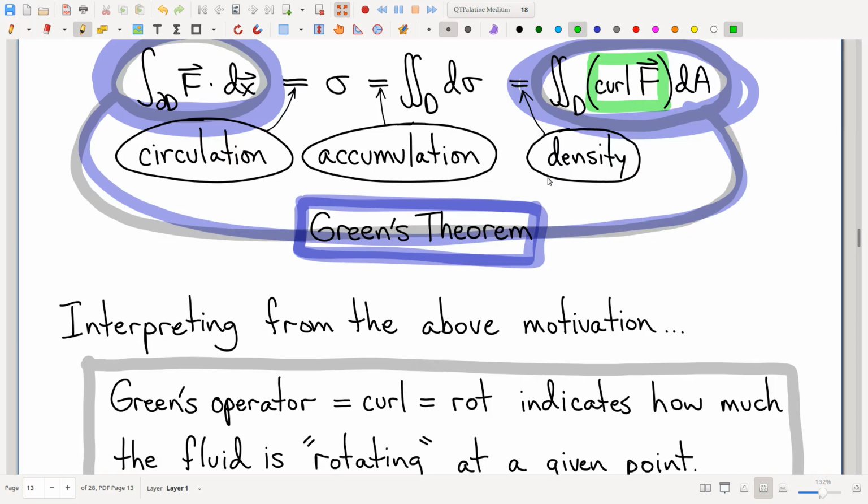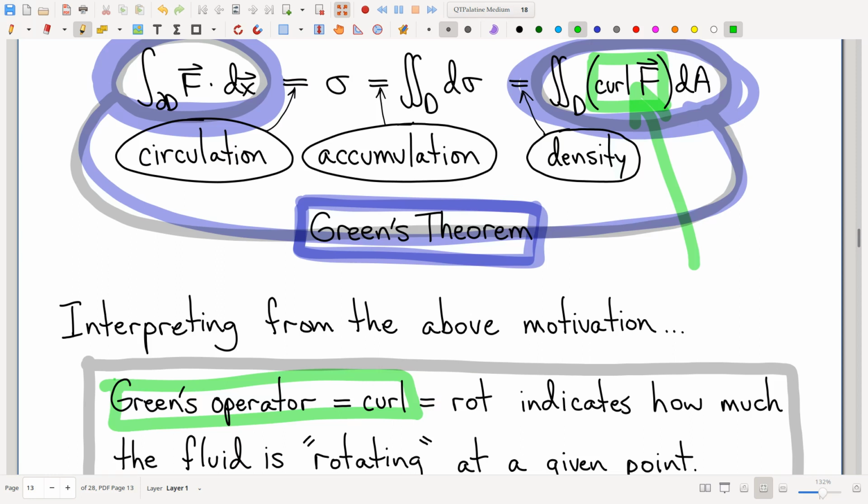Well, curl says that per unit area. So Green's operator, aka curl, is saying how much of this overall rotation of fluid is happening in the vicinity of a given point, and again per unit area because it's a density.